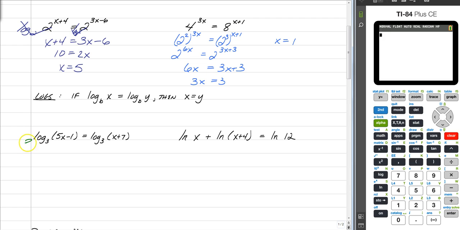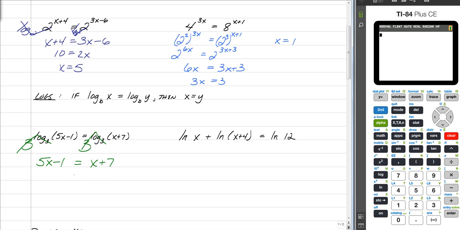And that's because we have to exponentiate both sides. Because log base 3 and an exponent of 3 are going to be inverses. So 3 raised to the log base 3 cancels, and you're just left with 5x minus 1. And that's equal to 3 raised to log base 3, again cancels, and you're left with x plus 7.